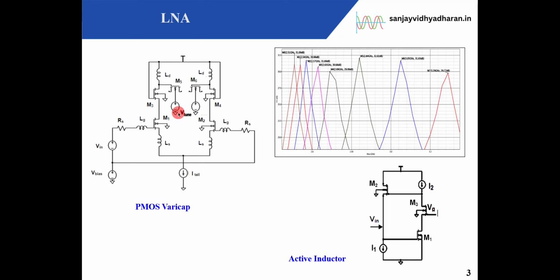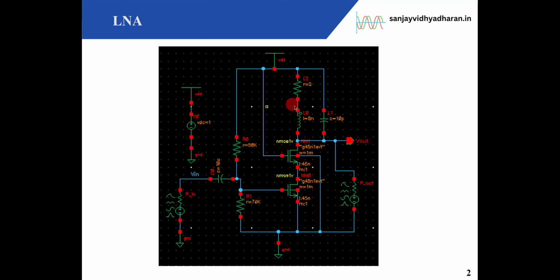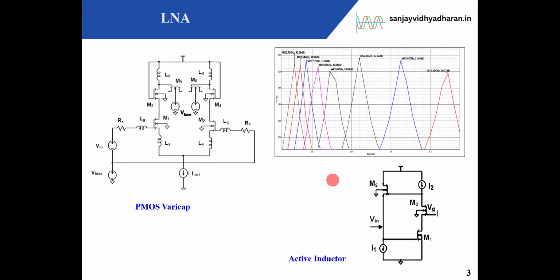You could have a look at that, or we could even have an active inductor to obtain this kind of selectivity, with very high Q and low silicon area, because these inductors take a lot of silicon area. This also I have explained in my previous class, so you could have a look. But today we are going to analyze with a fixed LC, for one particular frequency. You can do the analysis for the other frequencies as well if you are using a tuned circuit.